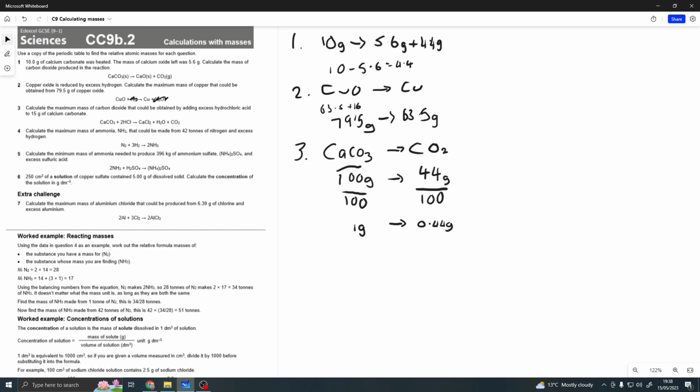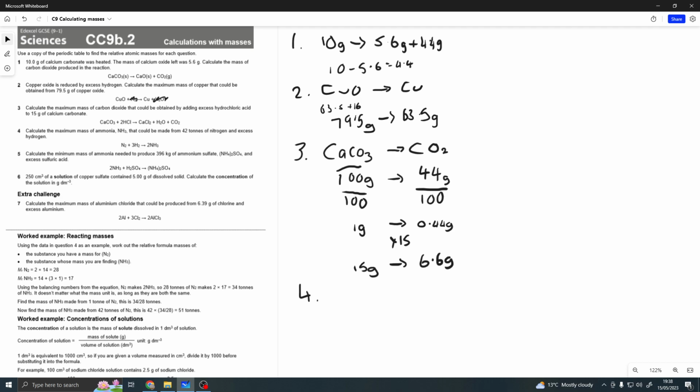What this is saying is that 1 gram of calcium carbonate will make 0.44 grams of carbon dioxide, and therefore, if I then times both of those by 15, it will tell us that 15 grams of calcium carbonate will make 6.6 grams of carbon dioxide. Okay, there we go. Let's roll on.